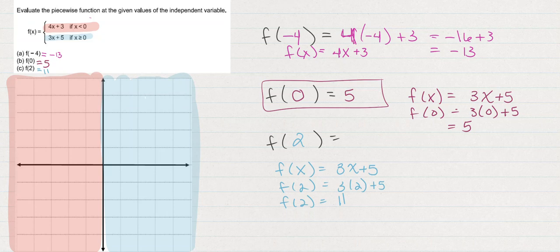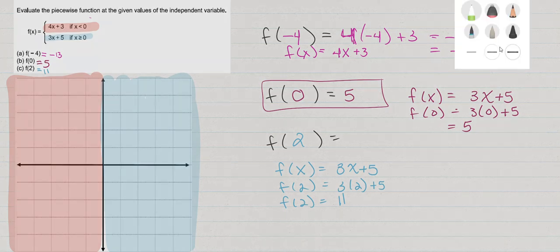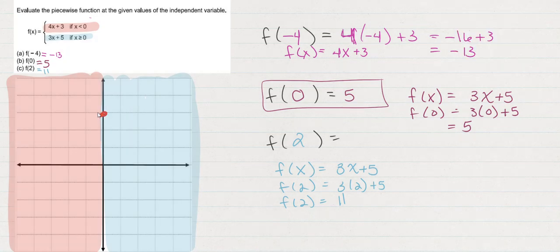And here's how we would graph. Every part of the axis where x is less than 0, I've highlighted that pink, is going to follow the 4x plus 3. So I could graph y equals 4x plus 3. Let's start here at the 3.